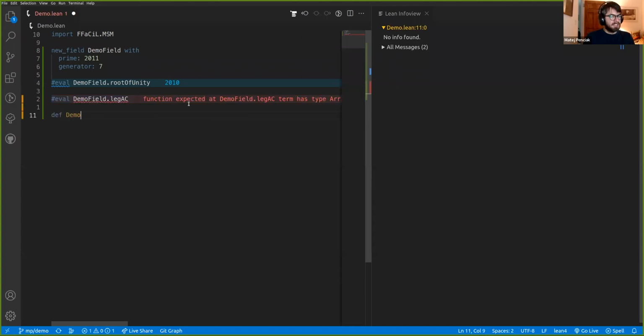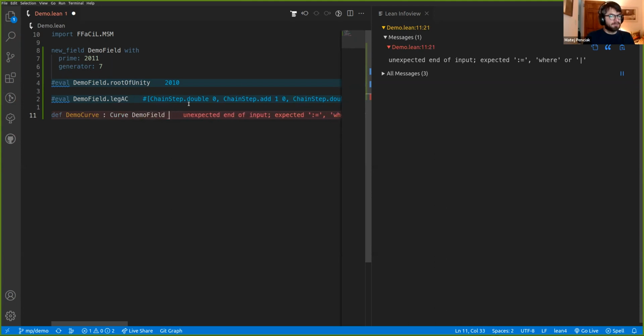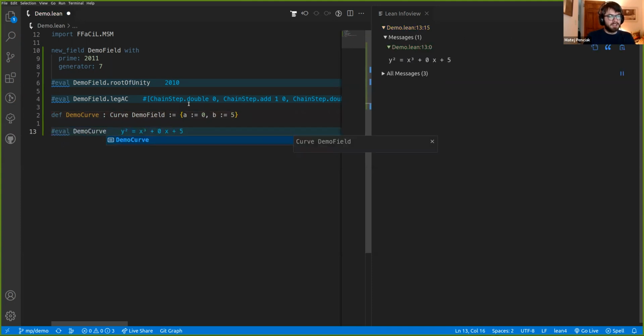So let's define a demo curve, which will be a curve defined over the demo field with coefficients, say A is 0 and B is 5. So here we've defined an elliptic curve, which is like this.